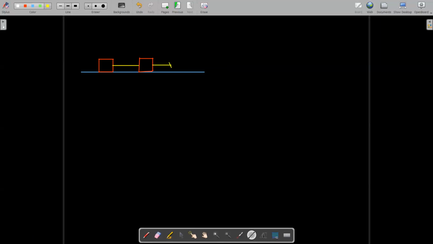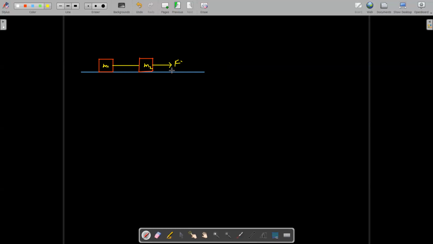Say there's a force applied onto this block, and let's call it F. This is M1, M2. So if you have to apply a force onto M2 and that is connected to M1 by a string, both will start to accelerate, right?